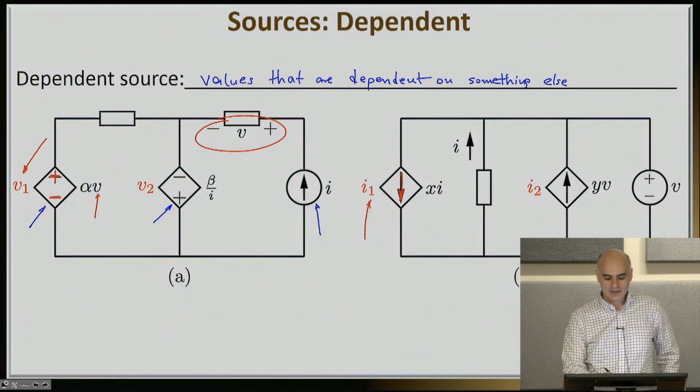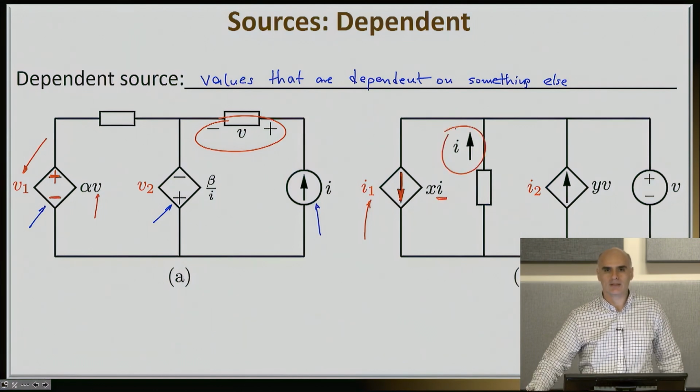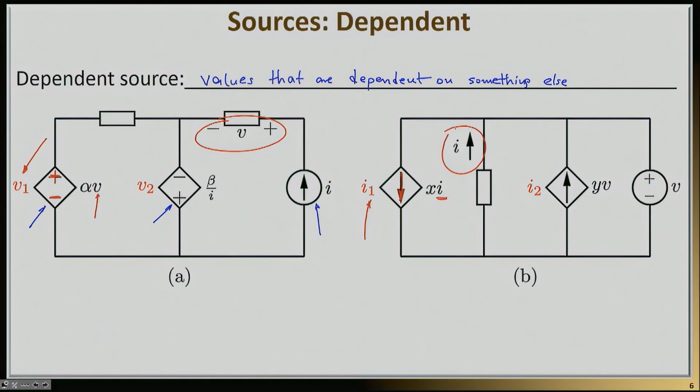Similarly, if you check this current source here, I1, its value depends on this current I, shown right here. So again, if you make I double, you will also double I1. Notice that in both cases there is a number that multiplies that. For example, here the number is alpha, while here the number is x.